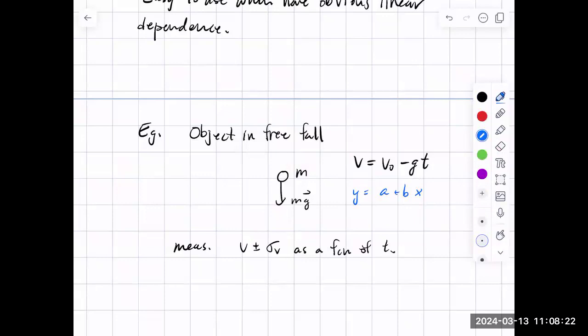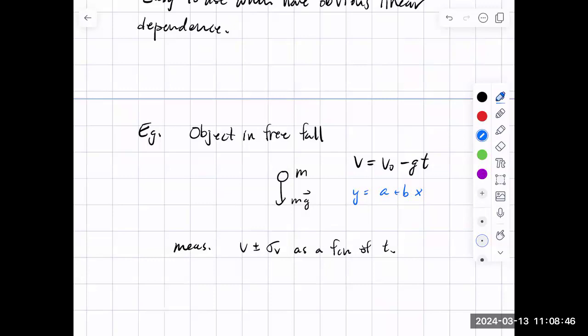If we plot on our y-axis the speed and on the x-axis the time, then we'll get an intercept that's equal to v naught, the initial speed, and we'll get a slope that's equal to minus g, the gravitational acceleration. So maybe we're doing this experiment to try to determine the value of g, and we'll get that from the slope.